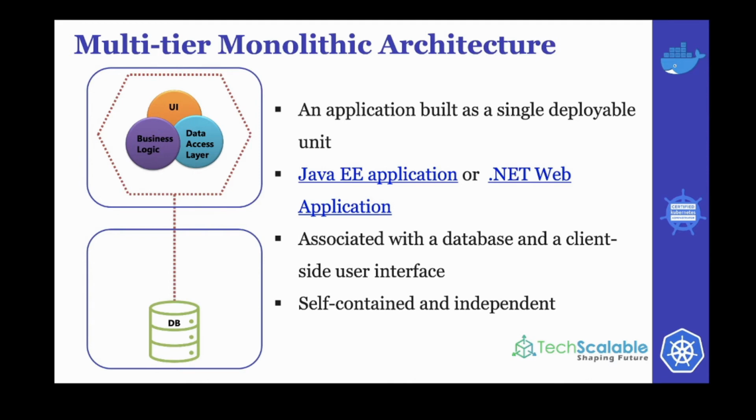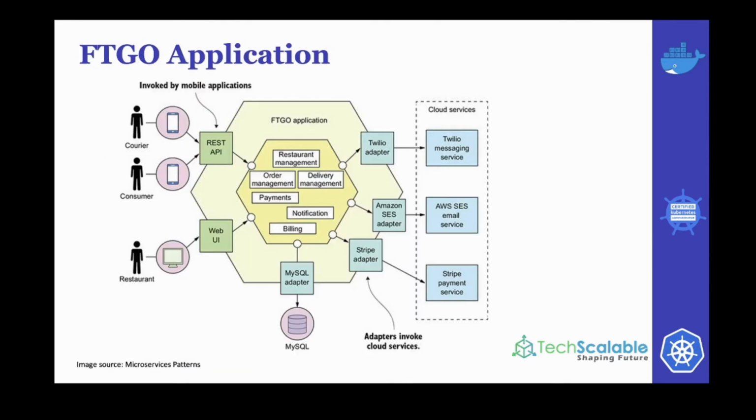If you think about a food-to-go type of application, there is a very beautiful book called Microservices Patterns, written by Chris Richardson. In that, we have a sample food-to-go type of application which tries to depict that if you look at the outer hexagon, the light yellow hexagon here, your entire application resides inside this hexagon.